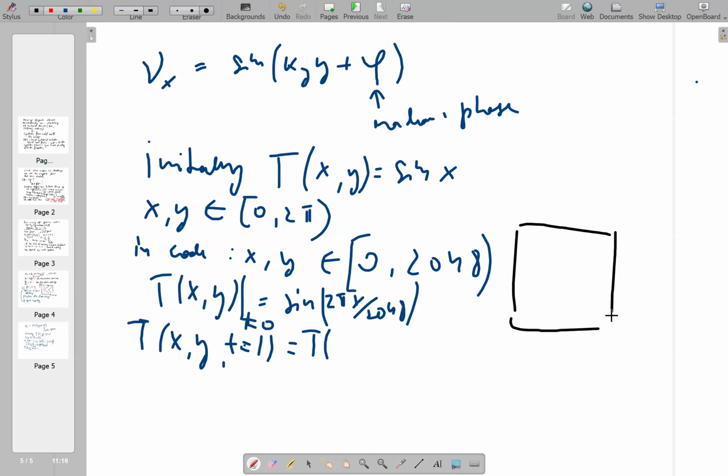They depend on x but not on y. So red is a hot region here, and then we have a cold region here and here.